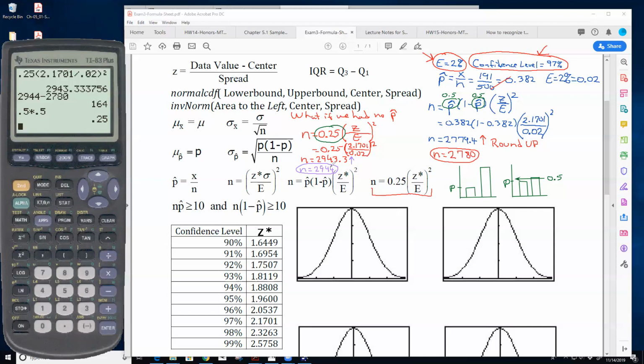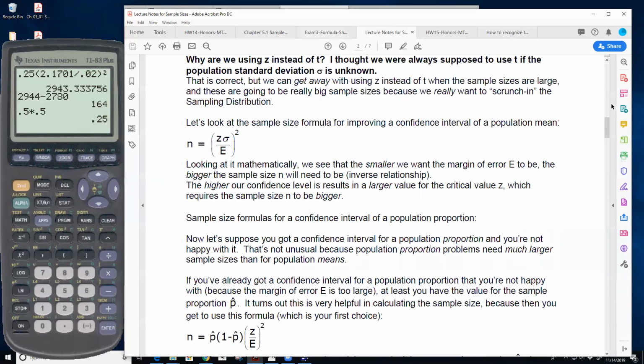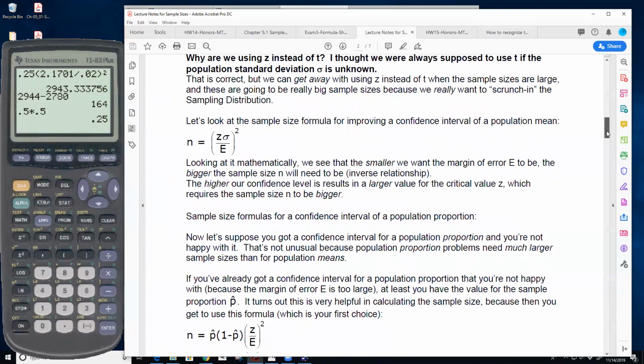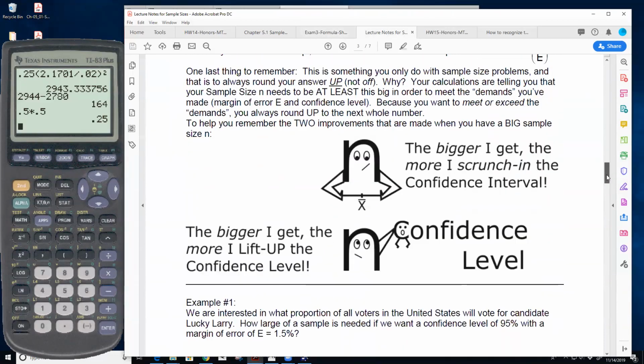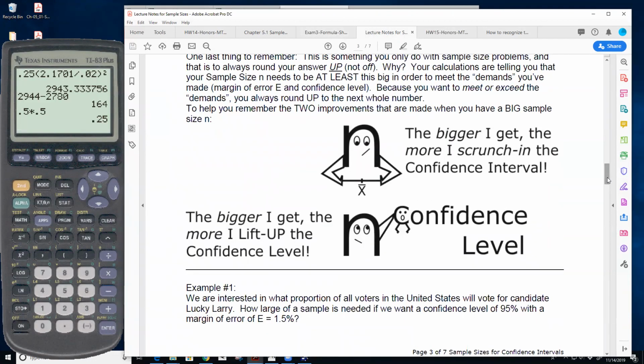All right. Okay, so let's go ahead here and clear all of this out, and let's look at another one. I want to go over here to the lecture notes. There's a little comic to help you remember that increasing the sample size does two things.